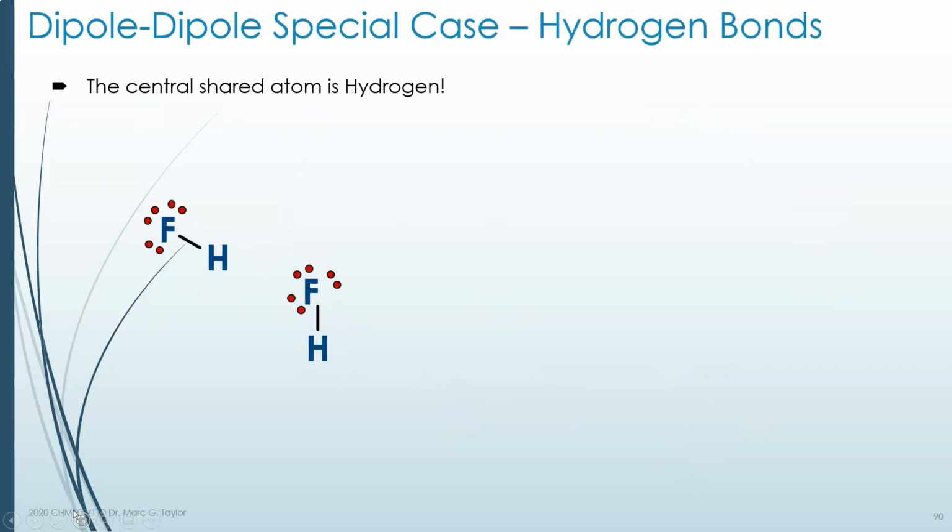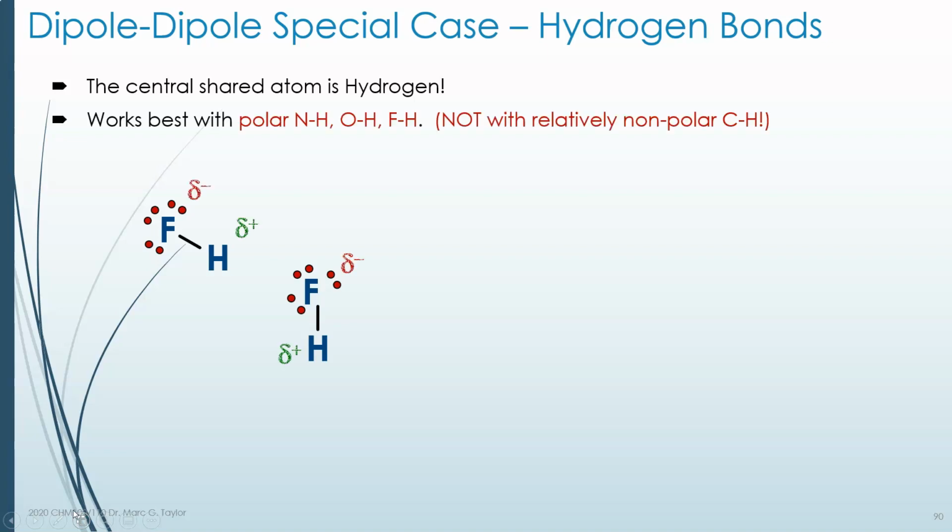Hydrogen bonds are a special type of dipole-dipole interaction. They are dipole-dipole interactions, but they are the strongest of the dipole-dipole interactions. And you can tell a hydrogen bond because the atom that's in the middle of the interaction is a hydrogen. You have a hydrogen that's attached to either a nitrogen, an oxygen, or a fluorine, possibly a chlorine too, but those three are the ones that have been definitely shown to be true.